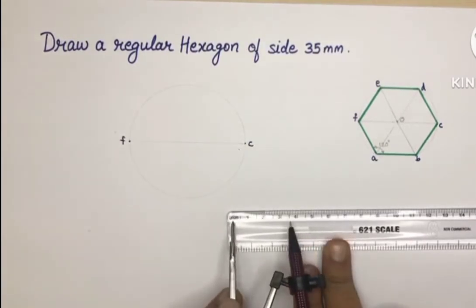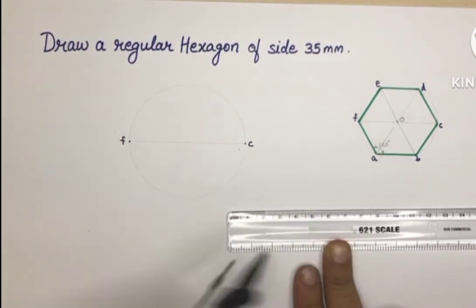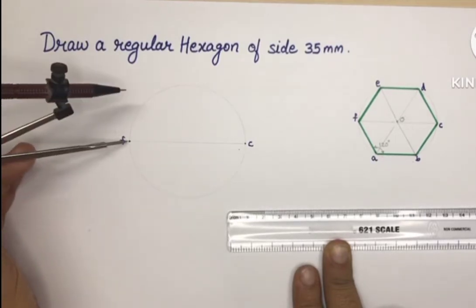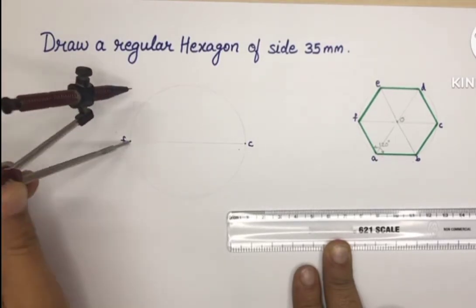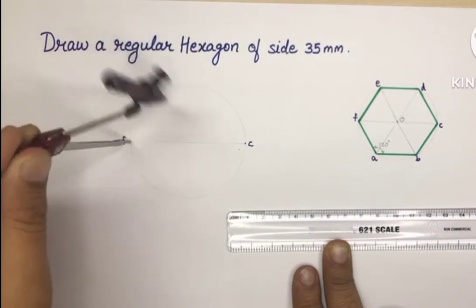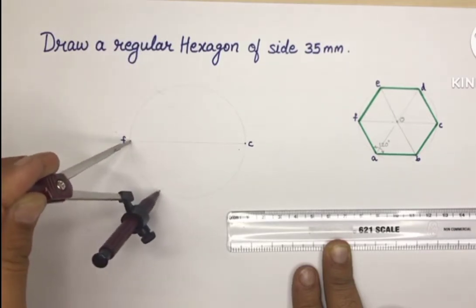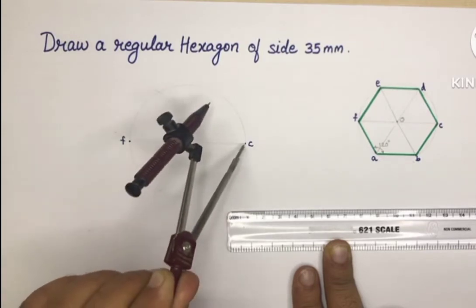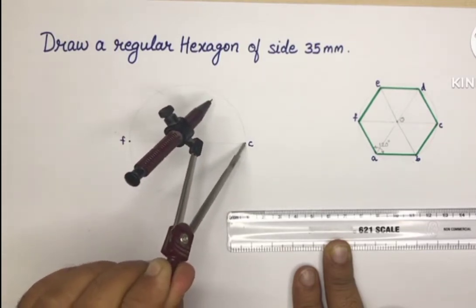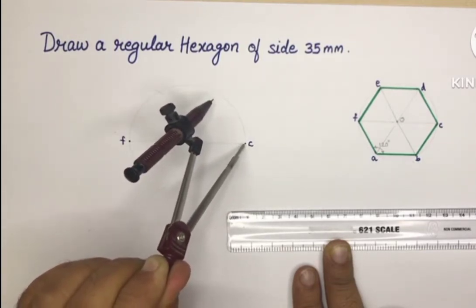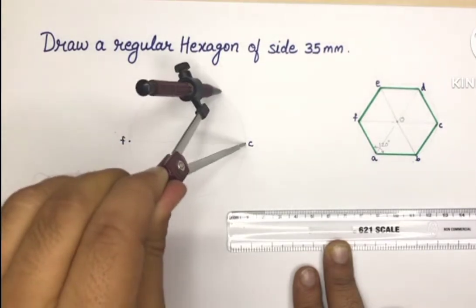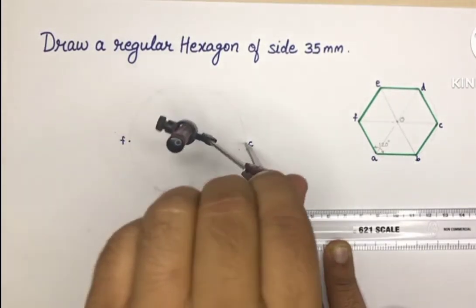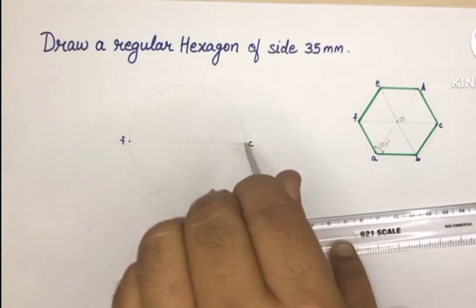Now take the same radius 35 millimeter, place the compass needle on point F and cut an arc on the circle both the sides. Then place the compass needle on point C and cut arc on both the sides of the circle.